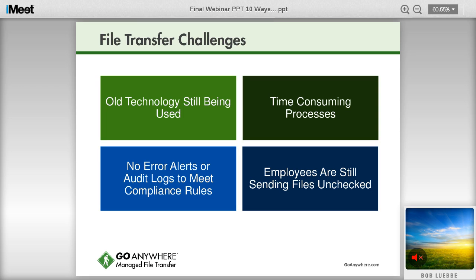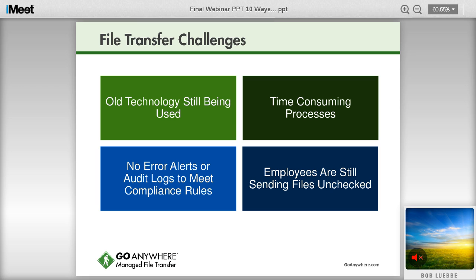All right, so let's start talking a little bit about some challenges that a lot of companies are facing today. Unfortunately, a lot of IT departments are still using older technology such as FTP scripts and legacy tools to transmit files. And this can be a very time-consuming process.